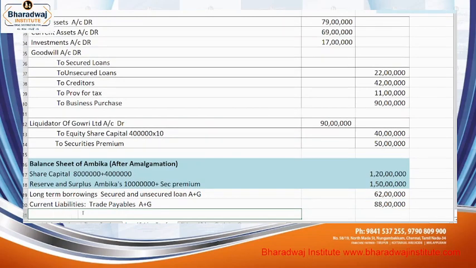Then provision for tax. Tax plus proposed dividend.